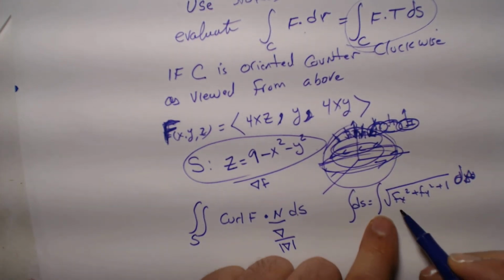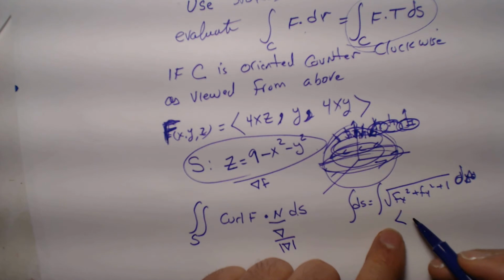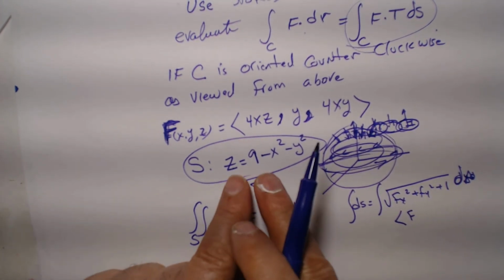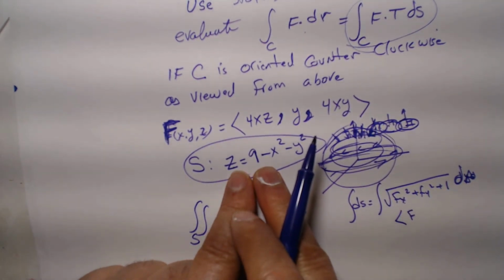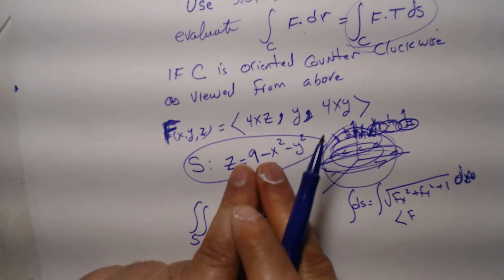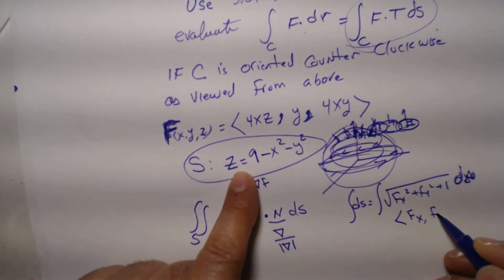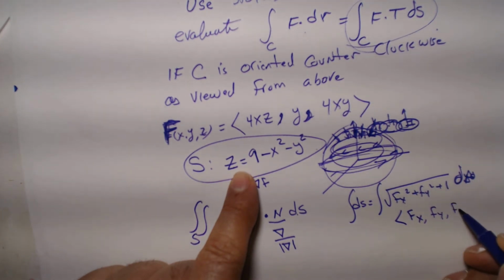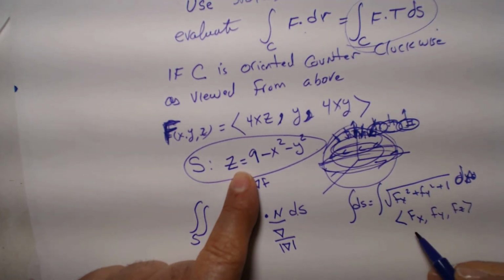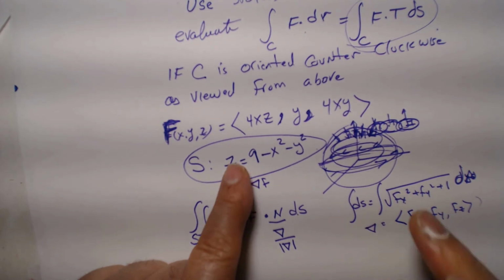But somebody said, what is this? That is exactly the magnitude of the gradient of the surface. Therefore, this is a partial with respect to x, this is a partial with respect to y, and that's the partial with respect to z. And if you take the magnitude of the gradient, you get that one.